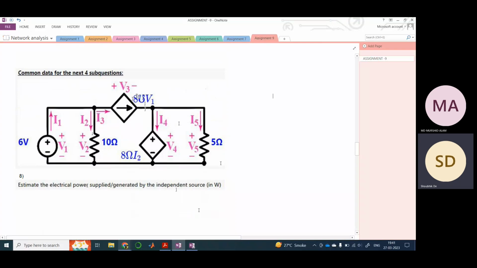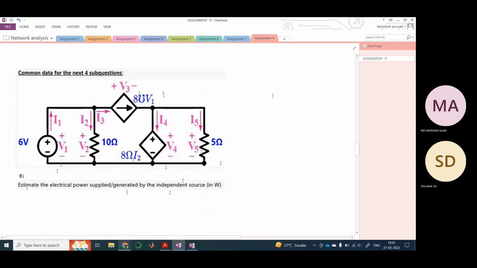So therefore this is 8 ohm inverse. And this we have already seen previously. So they are telling us to find out the power supplied or generated by the 6 volt source.